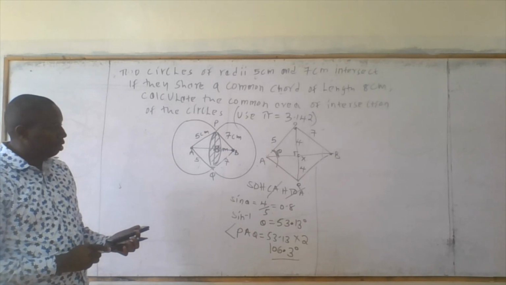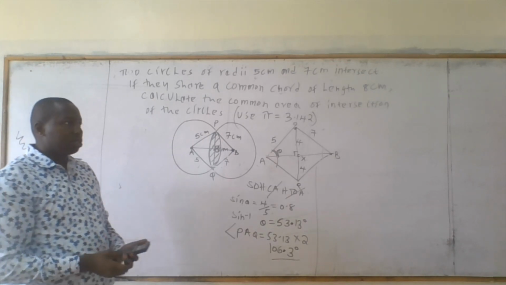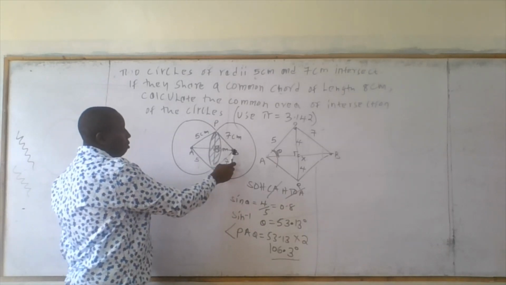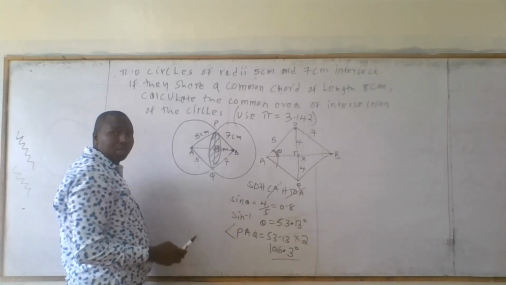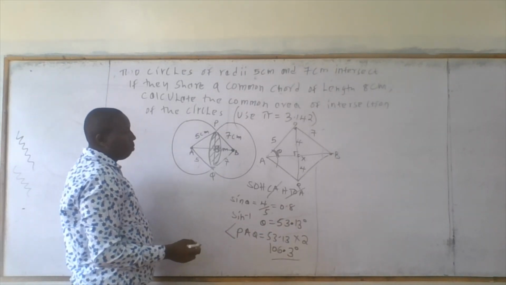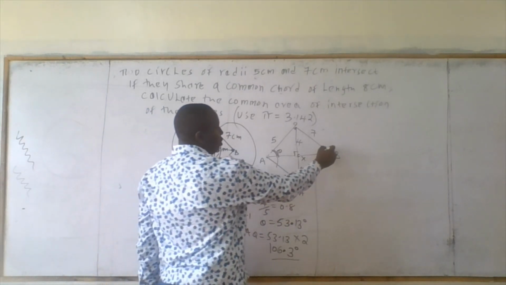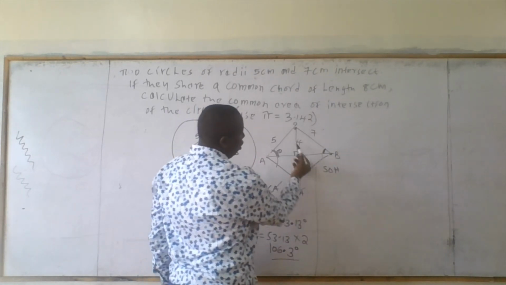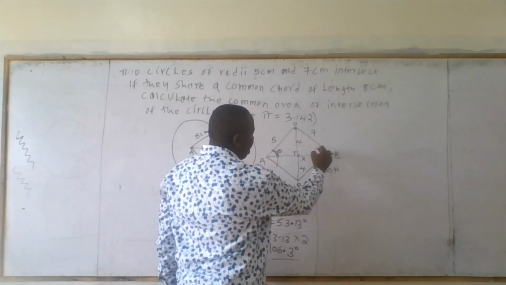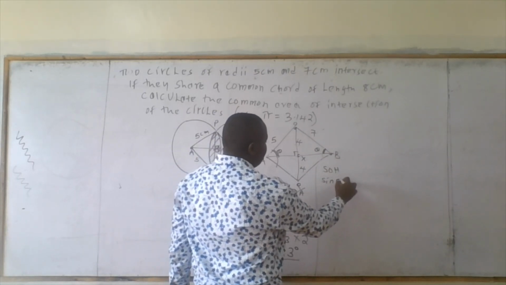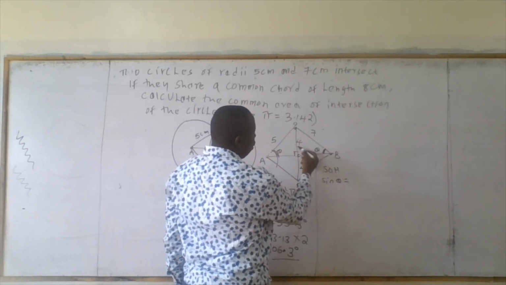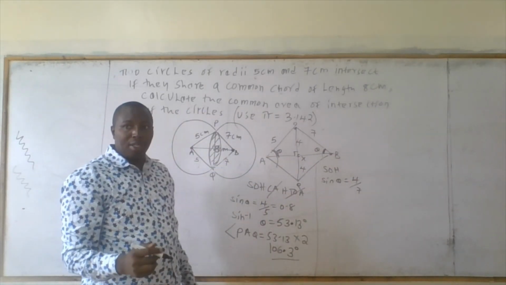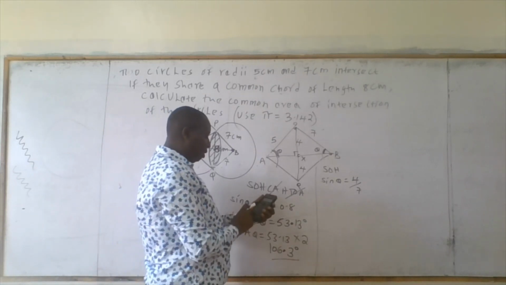Then the next angle that you want to get is angle PBQ, which is this one here. You first find this angle using sine again: sine opposite over hypotenuse. Sine theta is equal to opposite 4 over 7. What is 4 divided by 7?